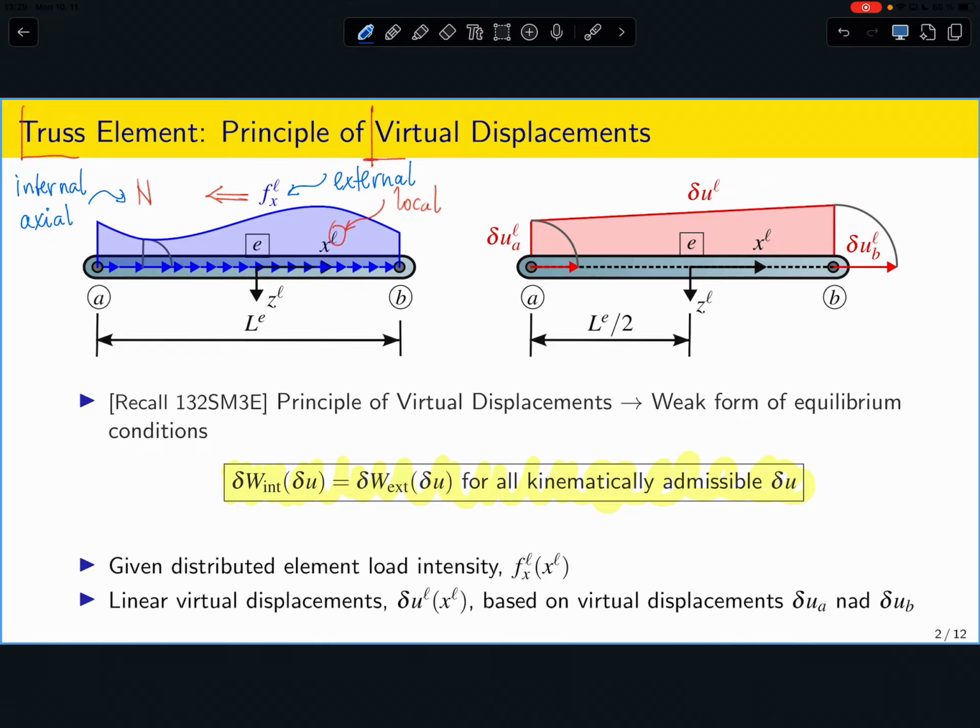What I would like to remind you is that this distributed load, in my considerations, can be described by an arbitrary function which depends on the position within this local coordinate system. I will make it more explicit in a moment.